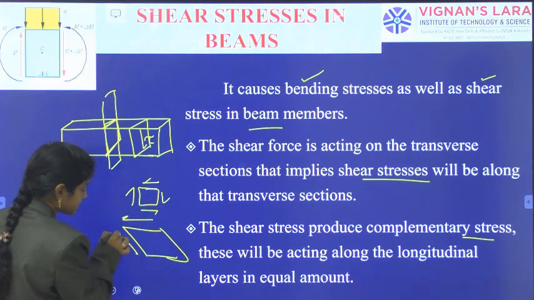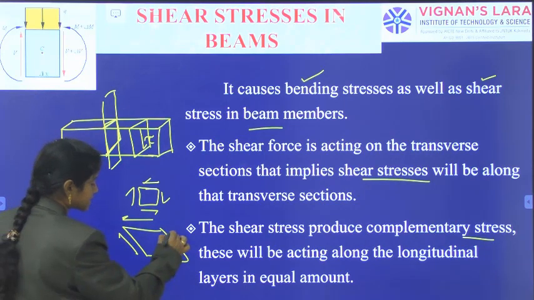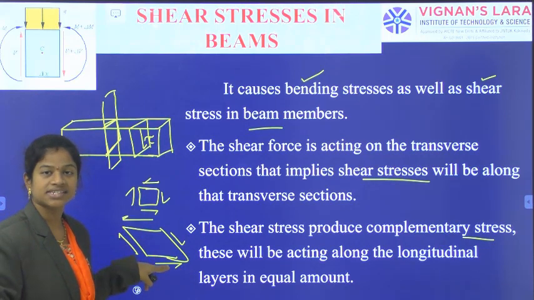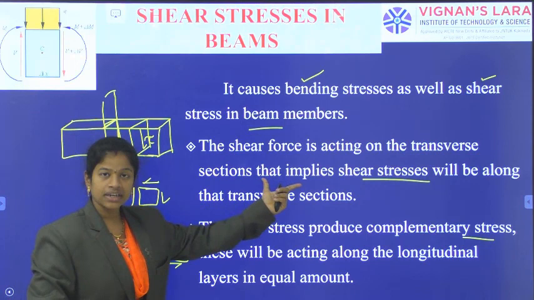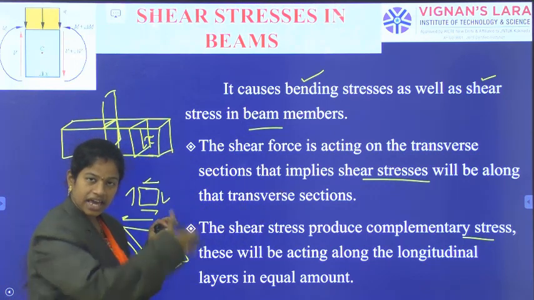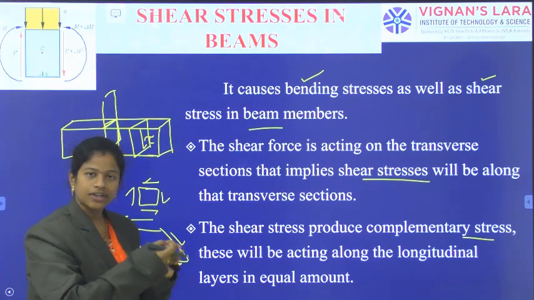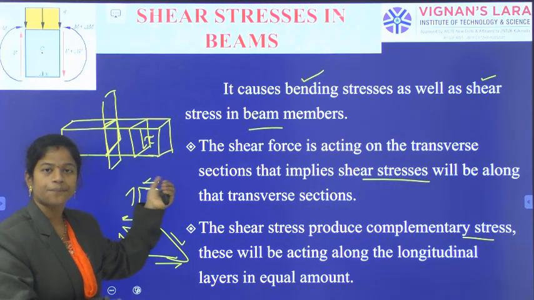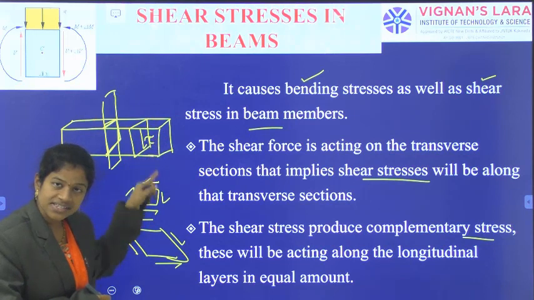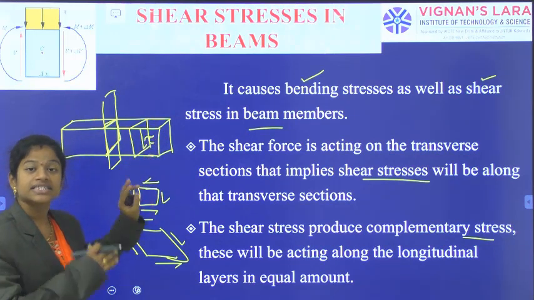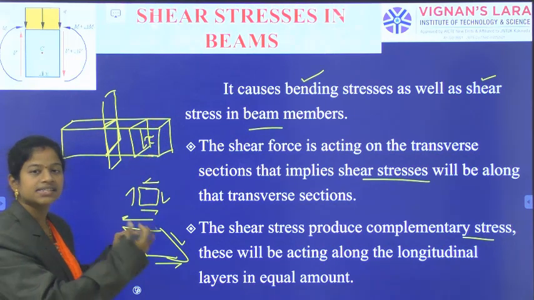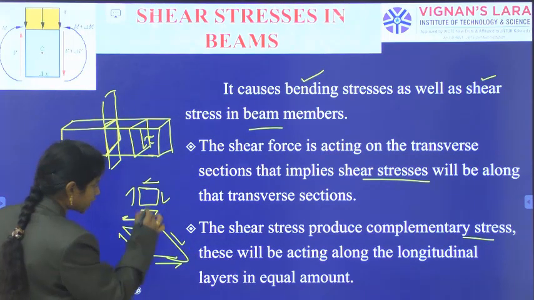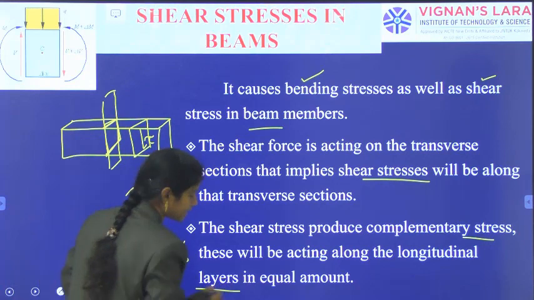So even though I am producing a shearing force along the transverse sections, it will cause shear stresses along the transverse sections only. But due to these transverse sectional shear stresses, some complementary shear stresses will be generated acting along the longitudinal layers, right?